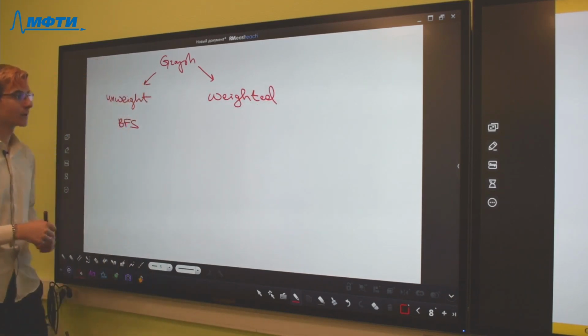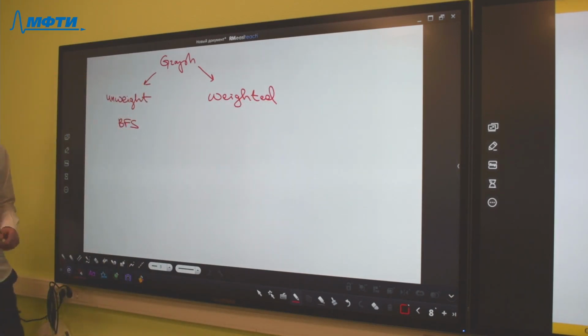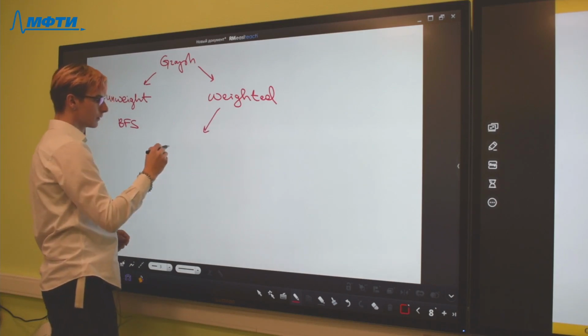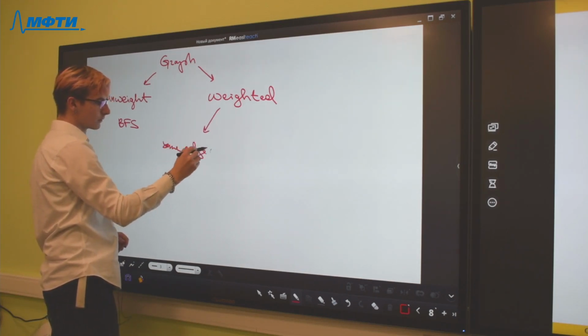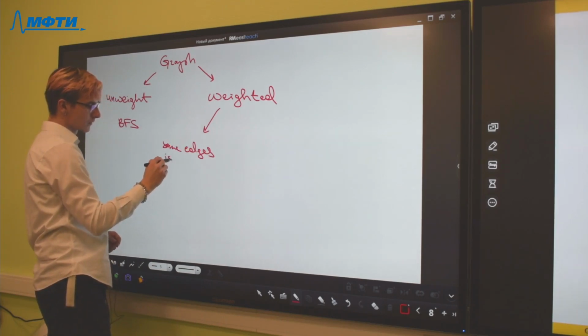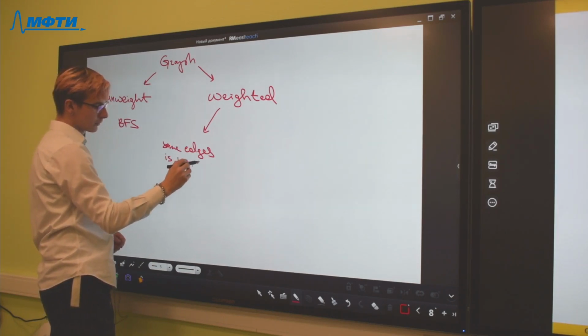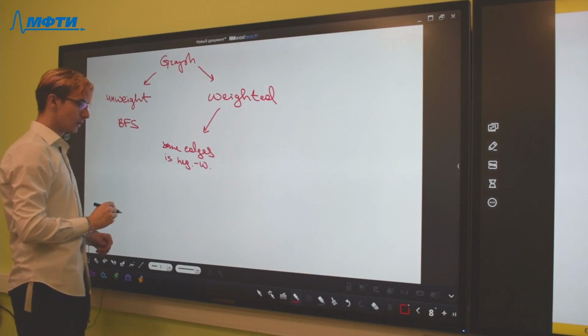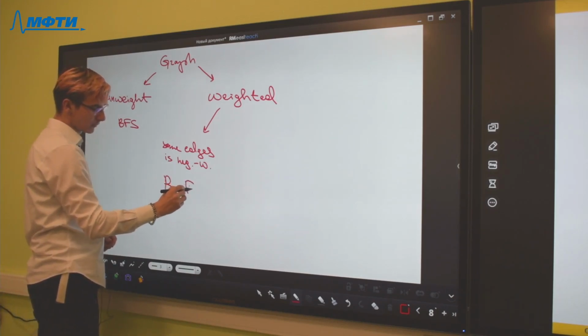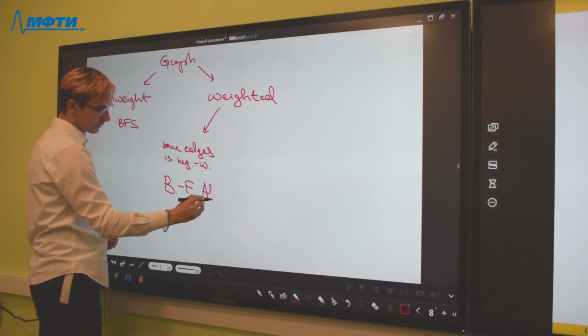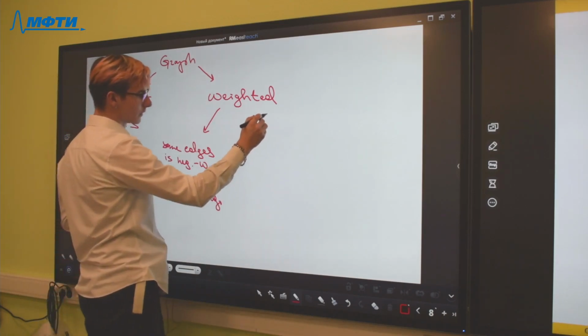If it is weighted, and some edges have negative weight, we use Bellman-Ford.